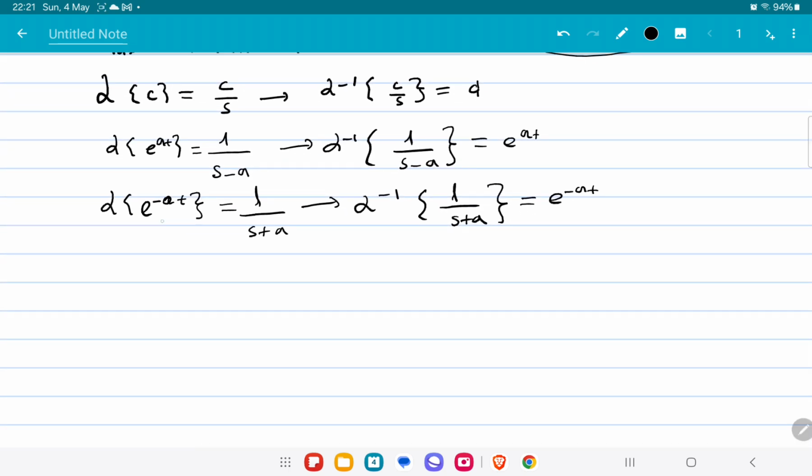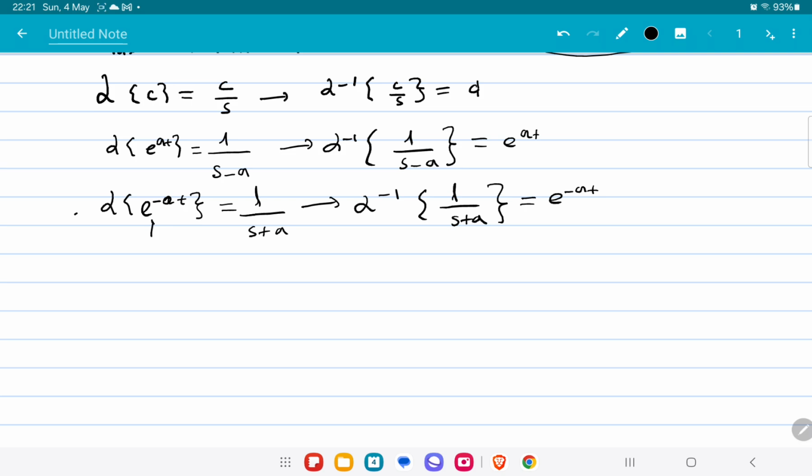The Laplace transform of the exponentially decaying function e to the minus a t gives 1 over s plus a. So here is a minus, here it's a plus, and here is a plus, here a minus. You take the inverse Laplace transform of 1 over s plus a, and this gives you the exponentially decaying function.